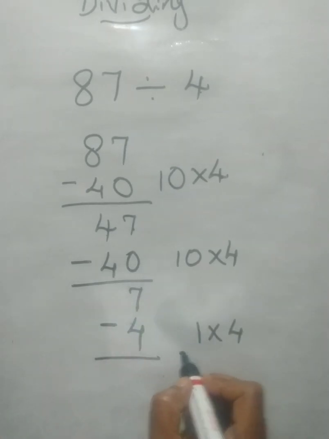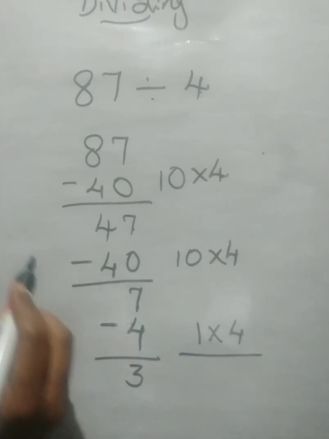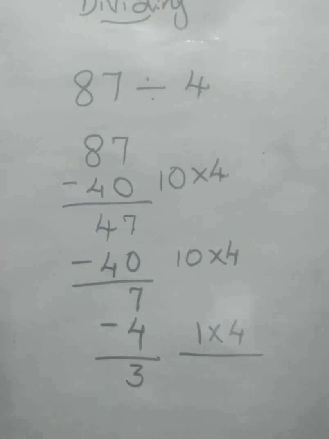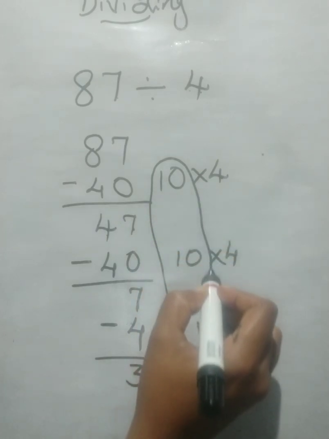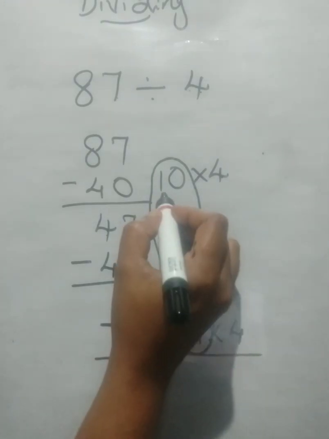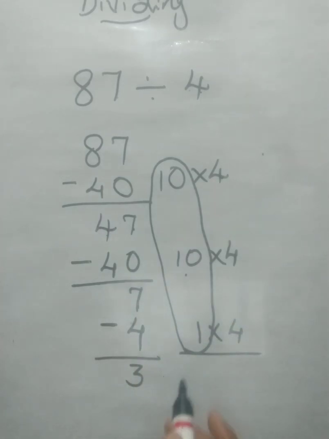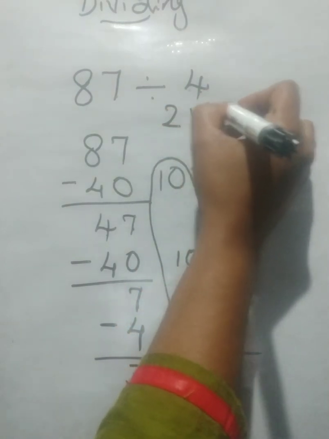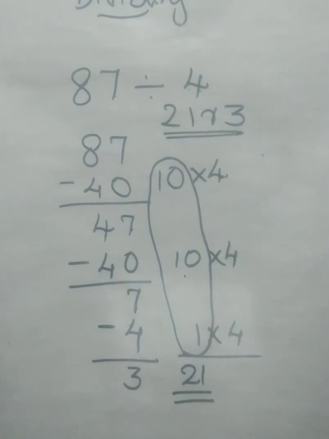Then 7 minus 4, 3. So, how many 4s are there in 87? We have to add these numbers. 10 plus 10, 20, 20 plus 1, 21. So, we can write 21 remainder 3.